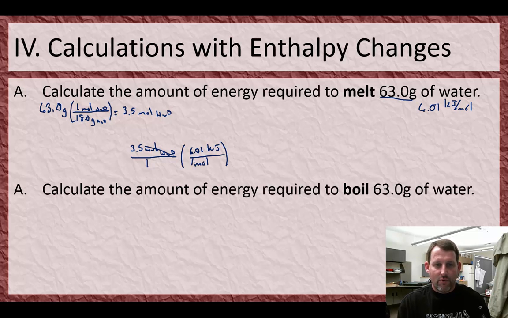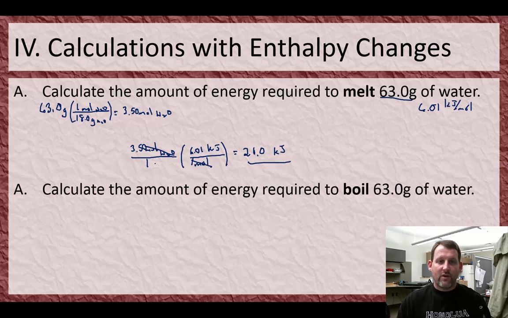Notice here the moles cancel, and I end up with 6.01 kilojoules times 3.5, which gives me an answer of about 21.0. And this should really be 3.50, I apologize. 21.0 kilojoules of energy required to melt it.